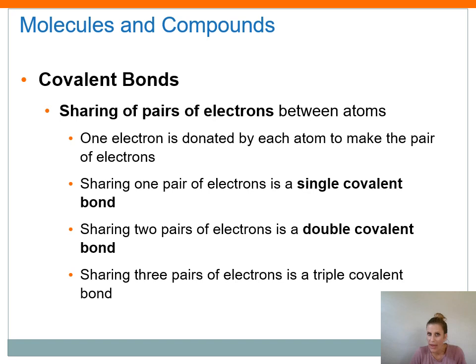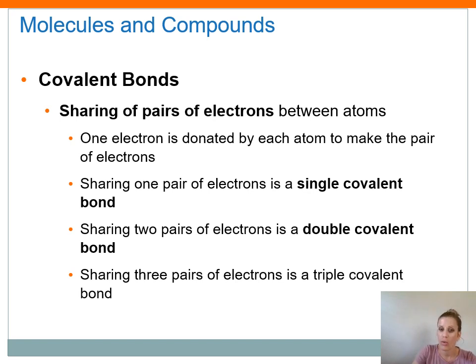They can share 1 pair, 2 pairs, 3 pairs. When they share electrons, 1 electron is donated by each atom to make that pair. So if 2 atoms come together and they're going to share a pair of electrons, this one will donate 1 electron and this one will donate 1 electron, and then they share those 2 together.